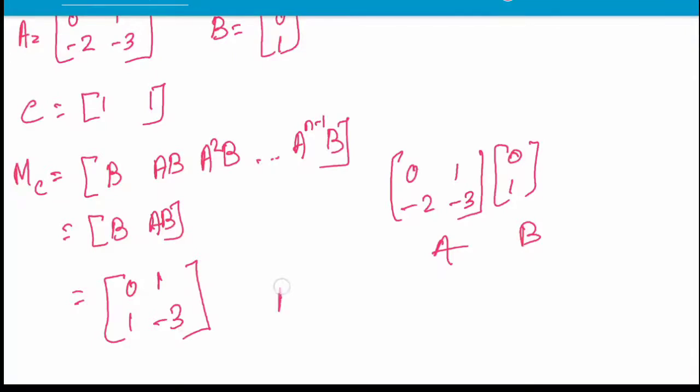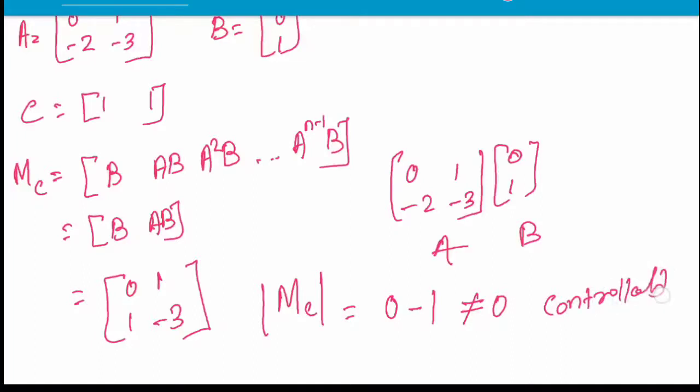And the determinant of the composite matrix MC for the controllability test is equal to 0 minus 1, which is not equal to 0.